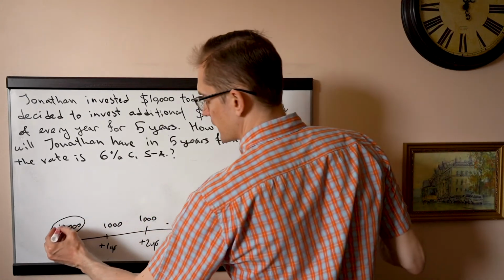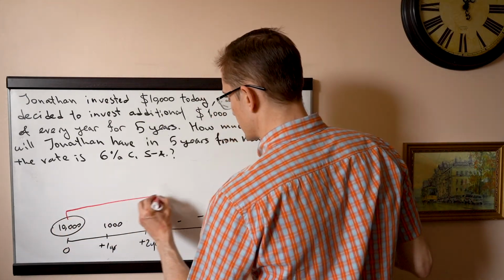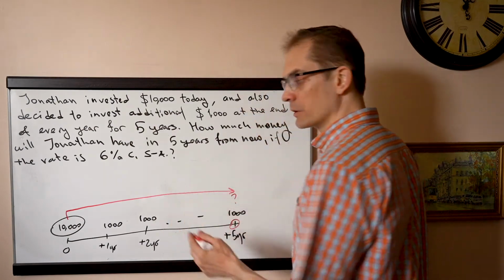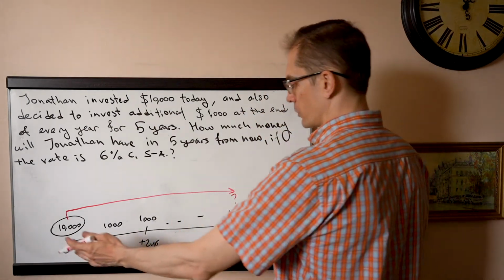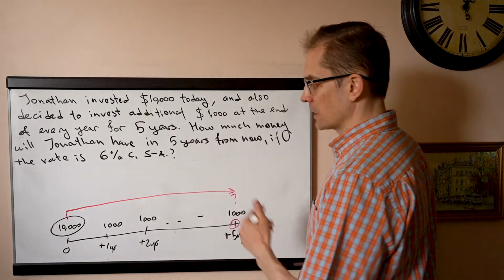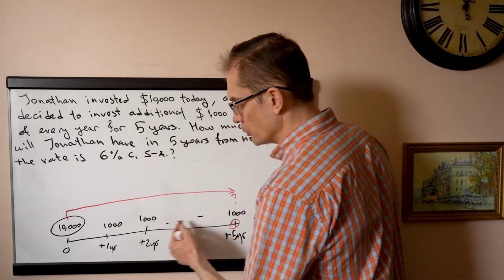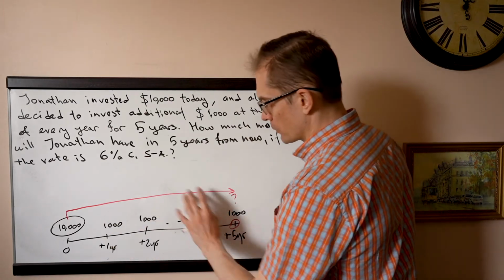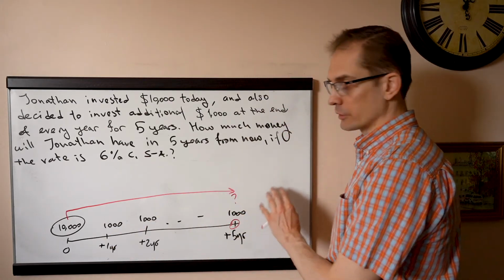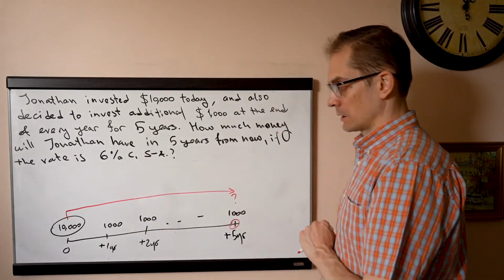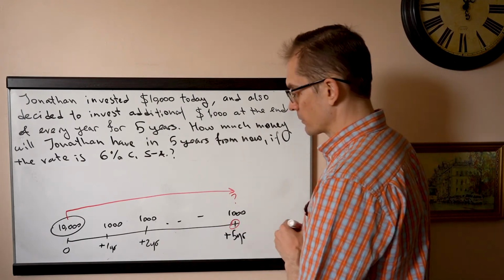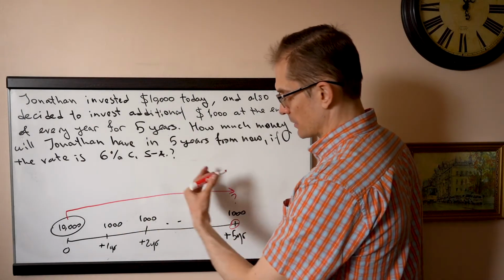First is this $10,000 investment will grow just like a regular amount for all 5 years, simultaneously with the fact that also the annuity will generate future value here, right? So the annuity also will generate some amount of money.